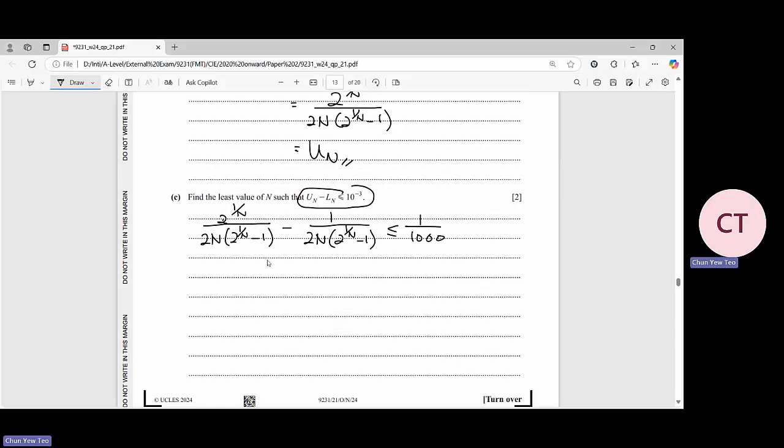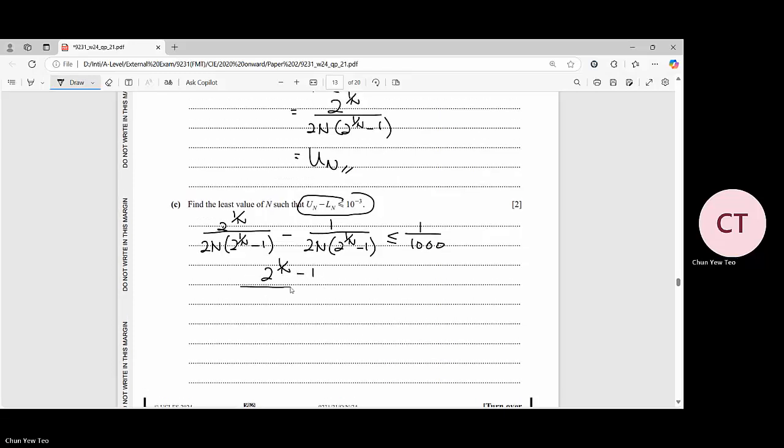So when you combine them together, you get this. Same denominator, just combine the numerators directly. So you can see that this one can cancel. That means your n is greater than or equal to 500. So the minimum value will be 500. Just like that, done. That will be the answer for question number 6C.